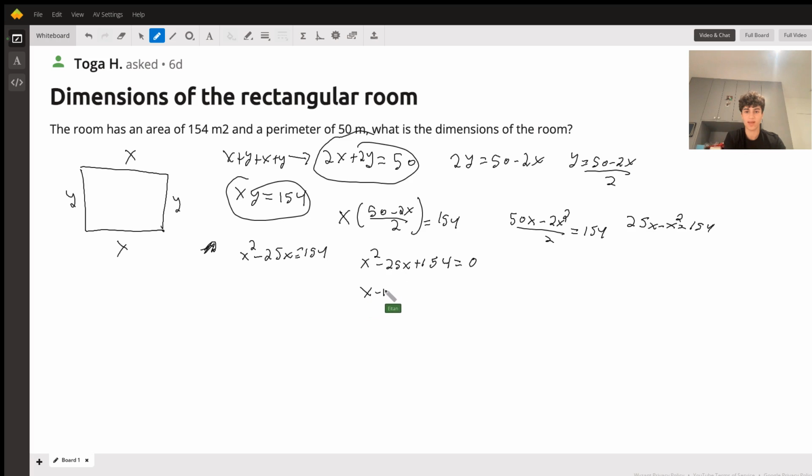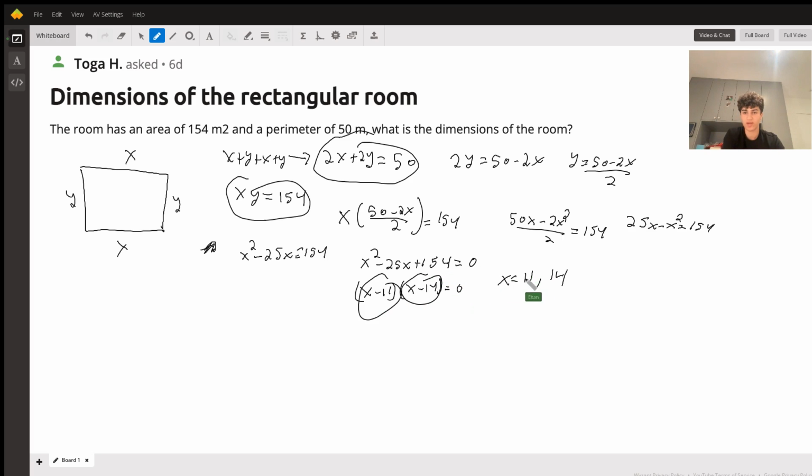So (x minus 11) times (x minus 14) equals 0, because negative 11 and negative 14 add to make negative 25 and multiply to make positive 154. And so with that information, we know that if x minus 11 times x minus 14 equals 0, one of these two components has to be equal to 0. So we know that x has to be either equal to 11 or 14, because that would make this true.